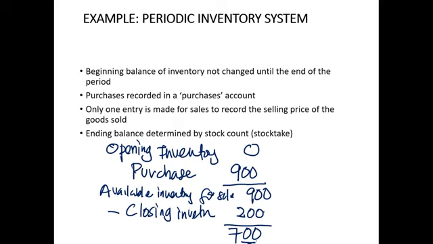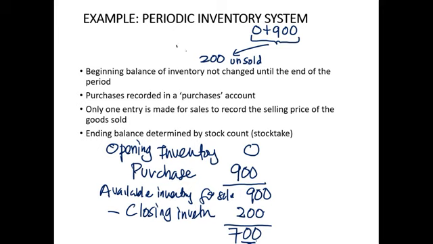Very good. So this is your inventory. Balance 0 plus 900 is your available inventory. 200 is unused, unsold.